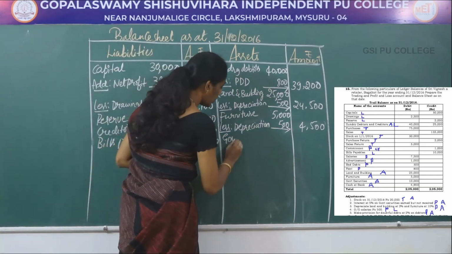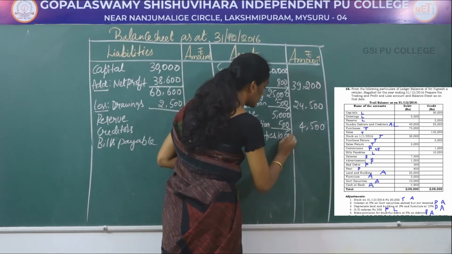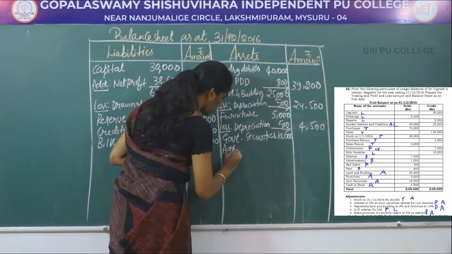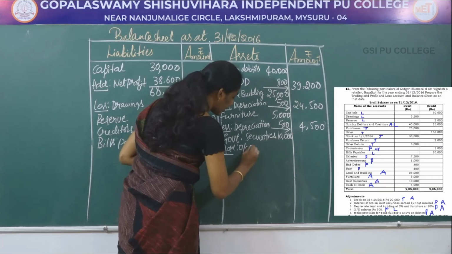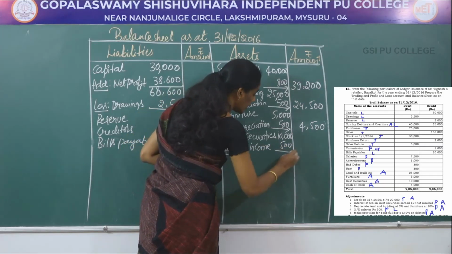Next, government securities 10,000. Add outstanding income 500.